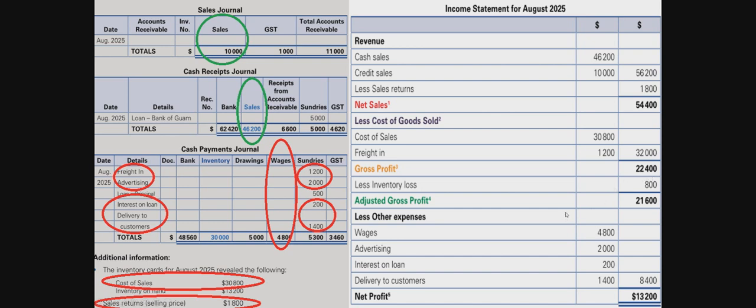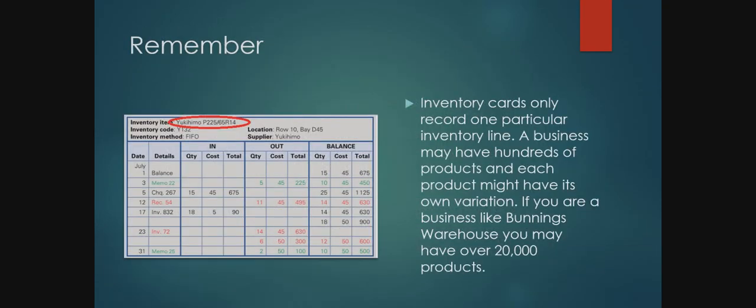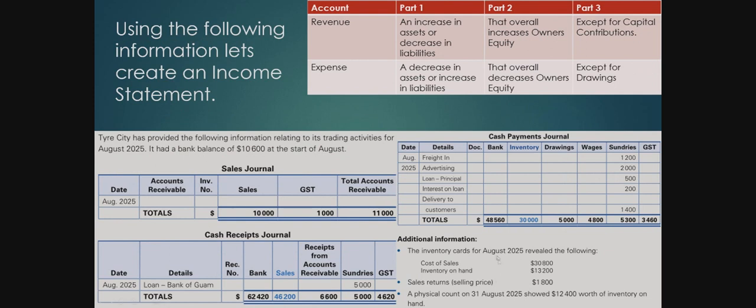Once that's determined, the next step is to figure out our adjusted gross profit. This is where you put in your inventory loss or your inventory gain into the equation. So since we've lost inventory, as stated previously, over here, I do apologize, it showed we had $12,400 worth of stock, but inventory in hand was meant to be $13,200.